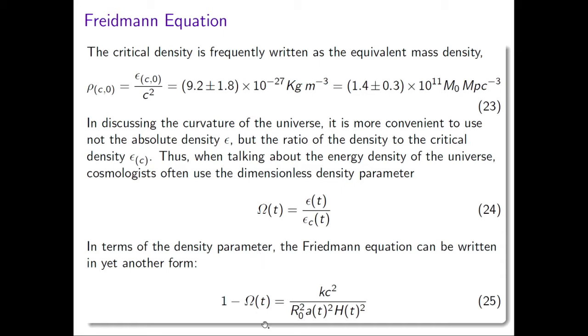So we can write it as 1 minus omega of t is equal to kc squared by R naught squared a squared H t squared. From this equation, since the right hand side is all constants, we can compute the value. So we can understand the curvature of the universe.